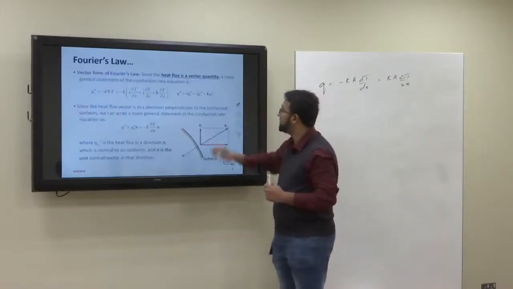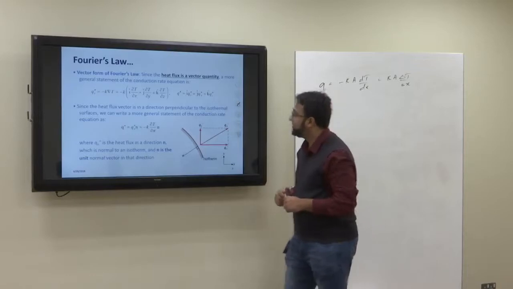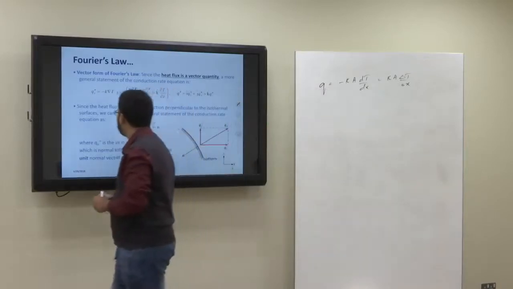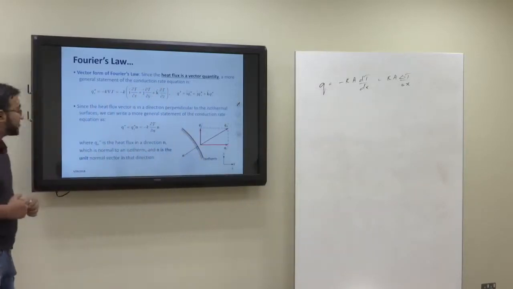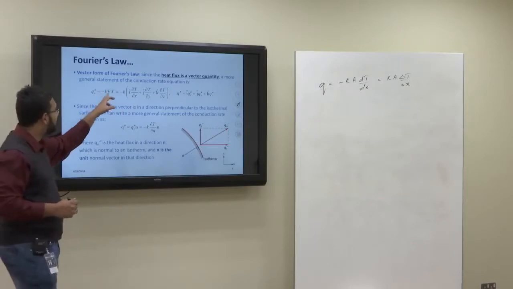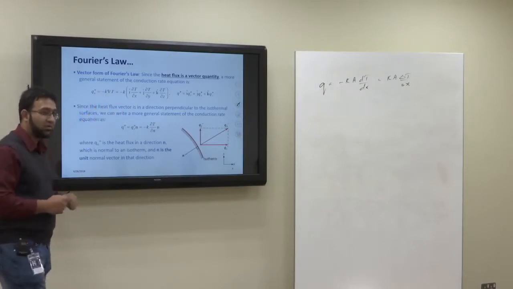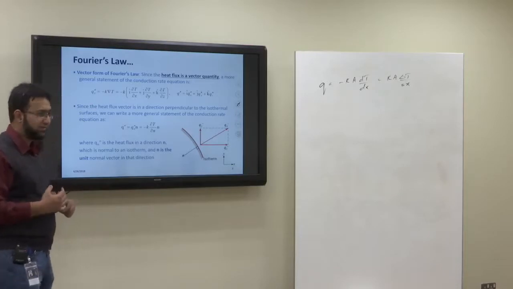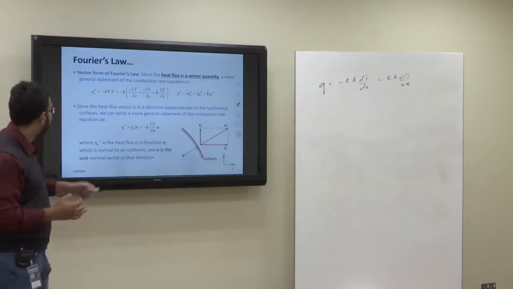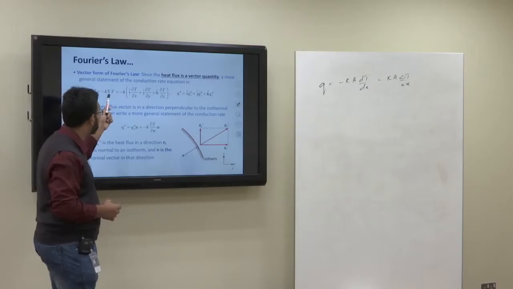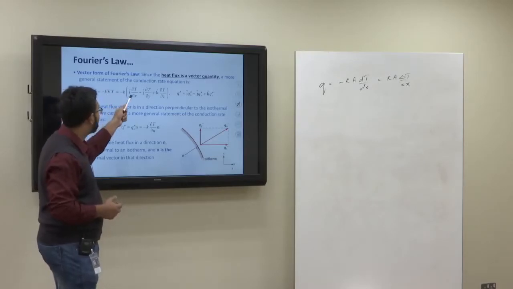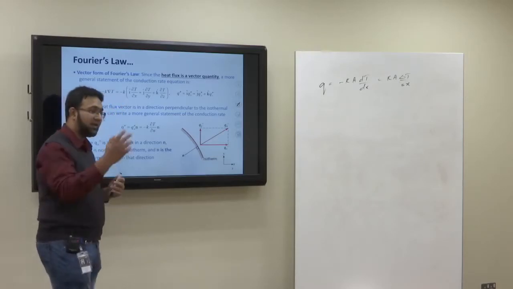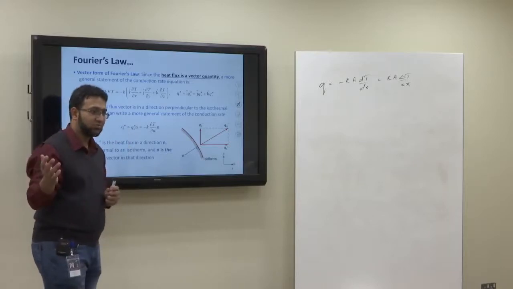Let's move ahead. Now in vector format, we can write the heat conduction equation as negative K del T. If you have studied vector algebra, you can understand that very well. Del in vector algebra refers to change in x, y, z coordinates all along.